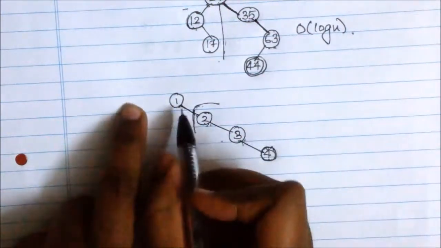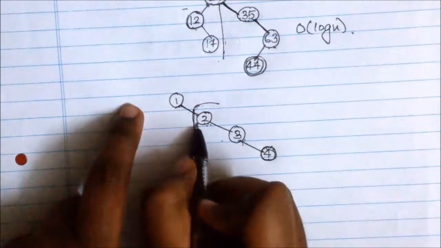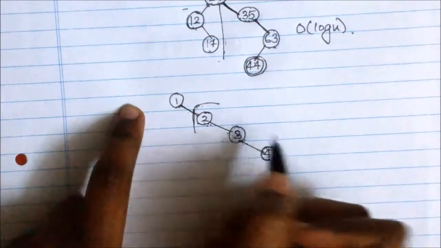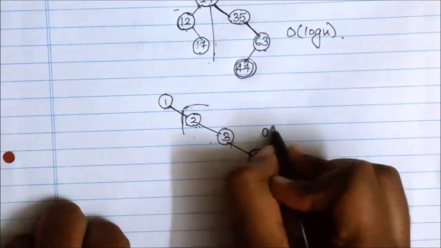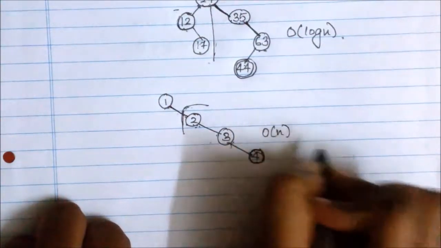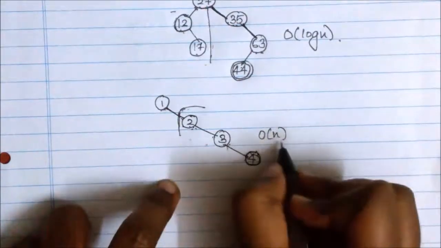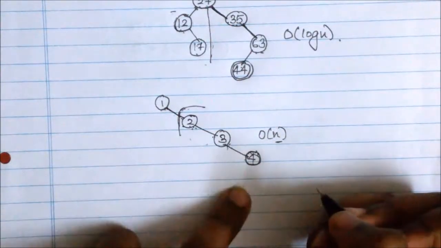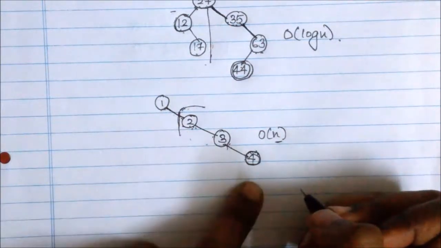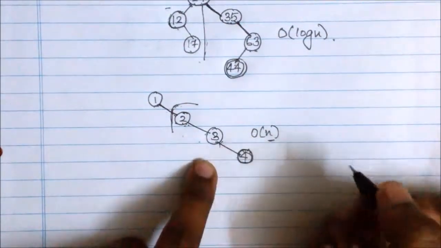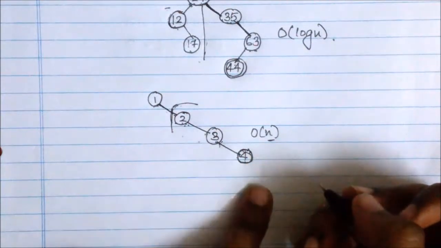However, we find that I have traversed or visited every node of the tree, and this does not reduce my time complexity in any way, and it results in a worst time complexity of big O of n, where n is the size of the input. That is, here since I have 4 nodes, I have traversed all the 4 nodes, which gives it a time complexity of big O of n.